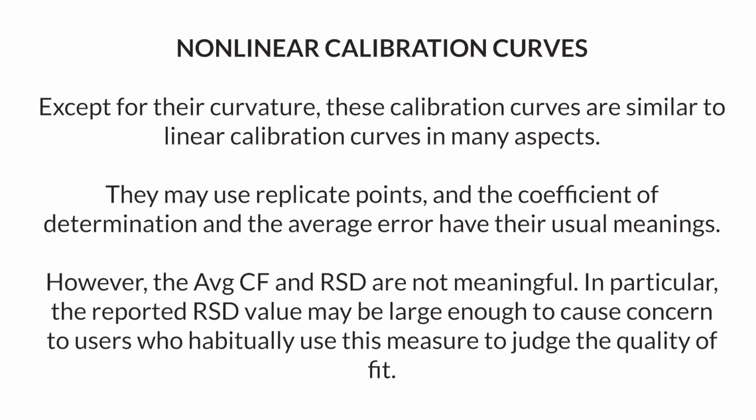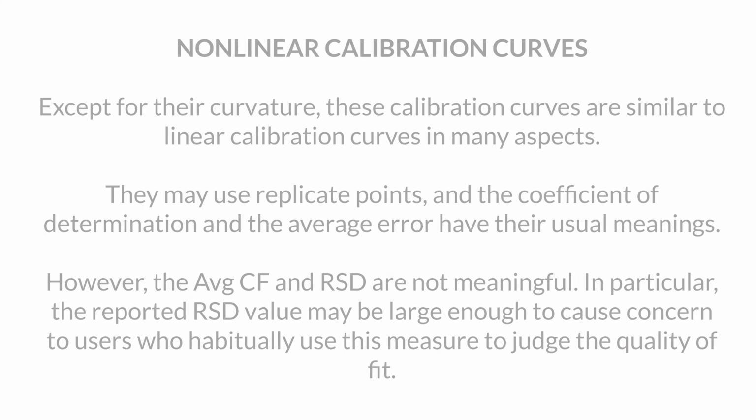They may use replicate points, and the coefficient of determination and the average error have their usual meanings. However, the average calibration factor and RSD are not meaningful. In particular, the reported RSD value may be large enough to cause concern to users who habitually use this measure to judge the quality of fit.